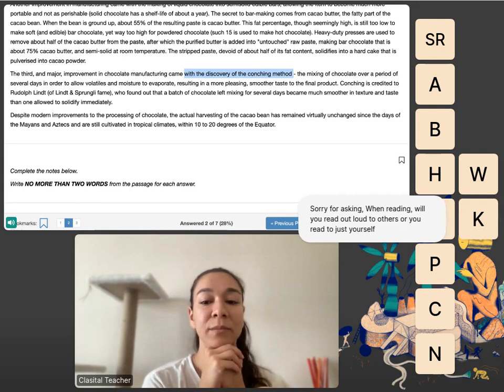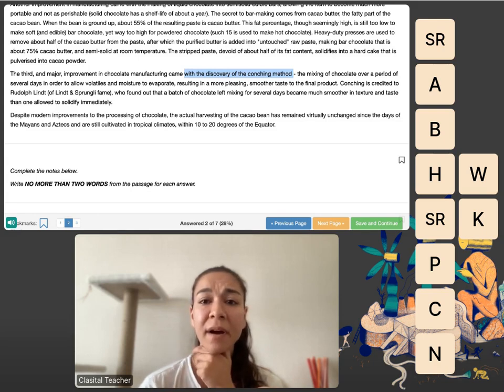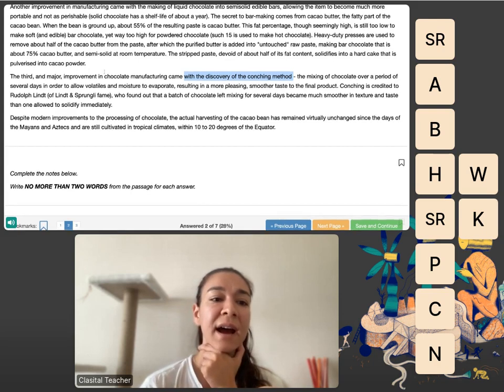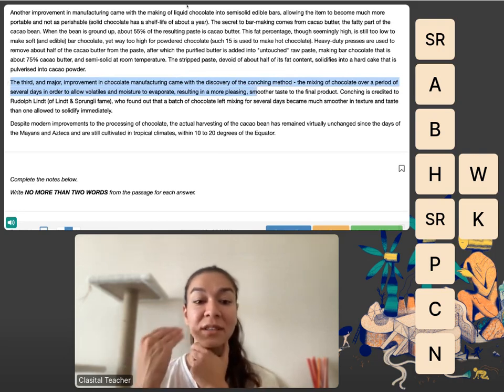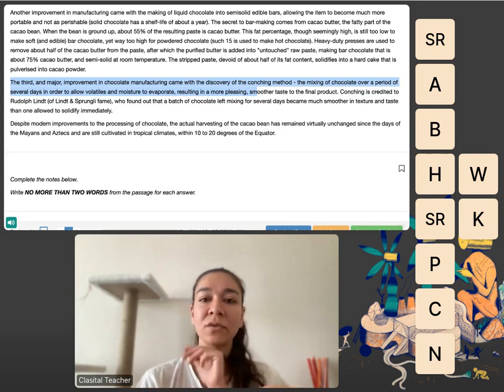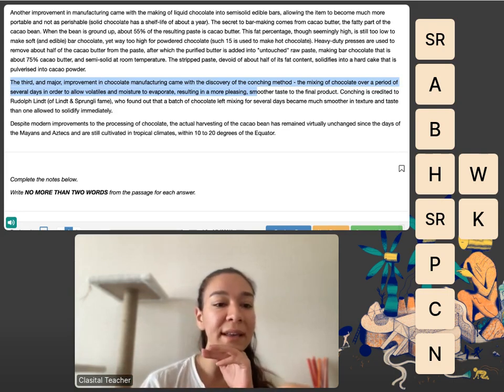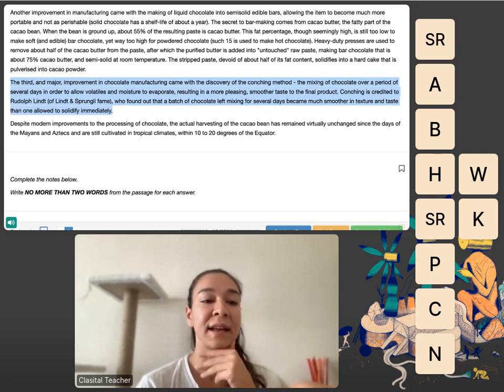The third and the major improvement. I have found the answer here. I won't be reading the whole text because it is long, and in the exam you won't have time to do this too. But I can read the part where I find the answer.